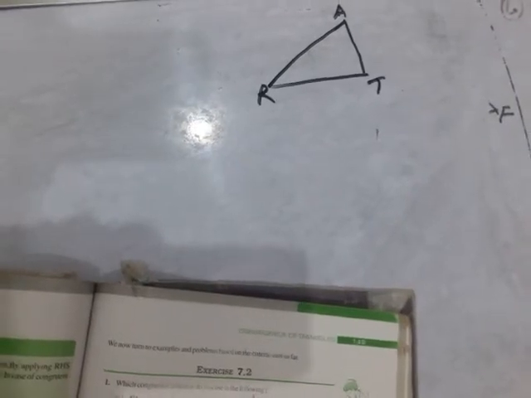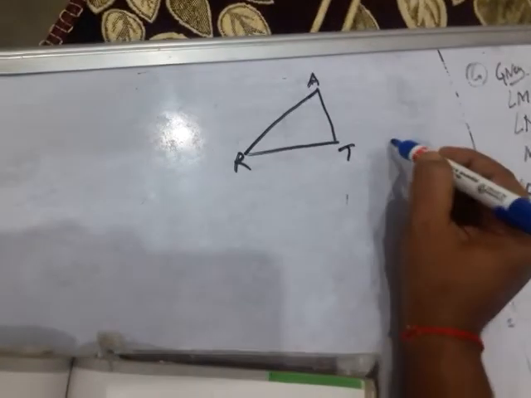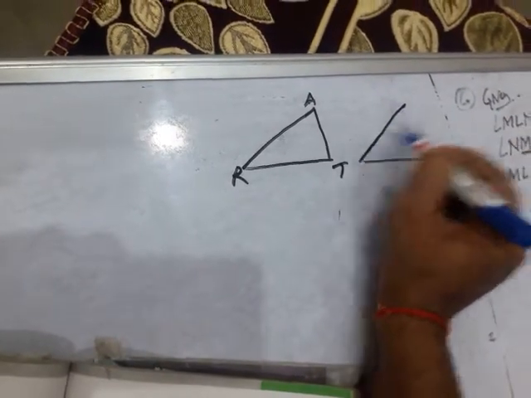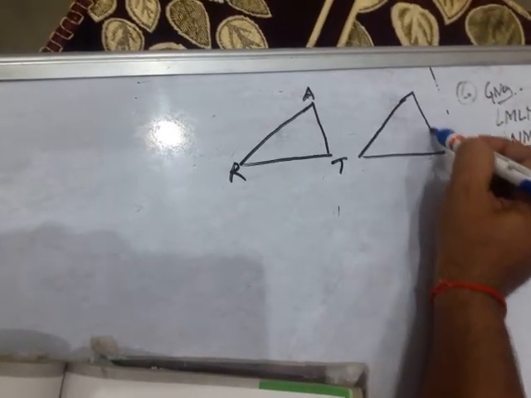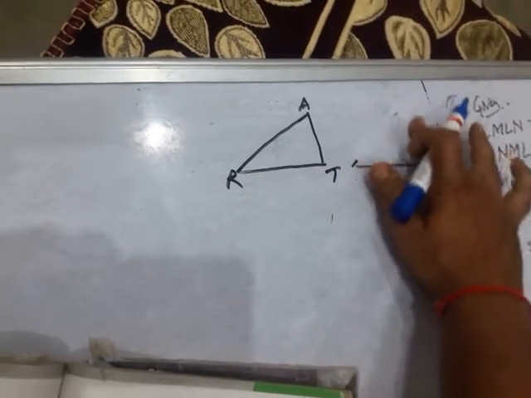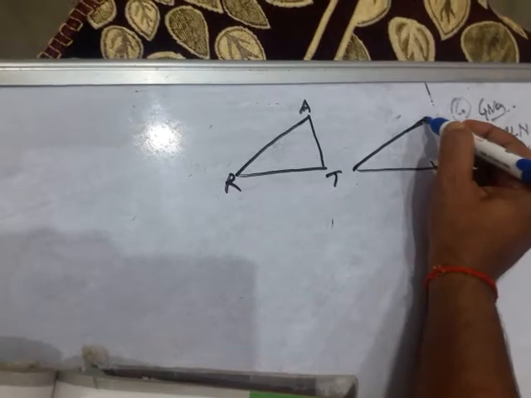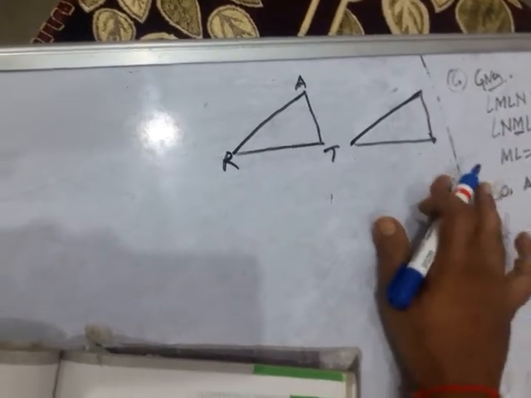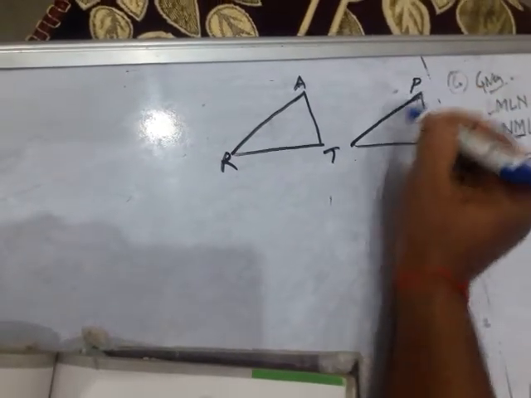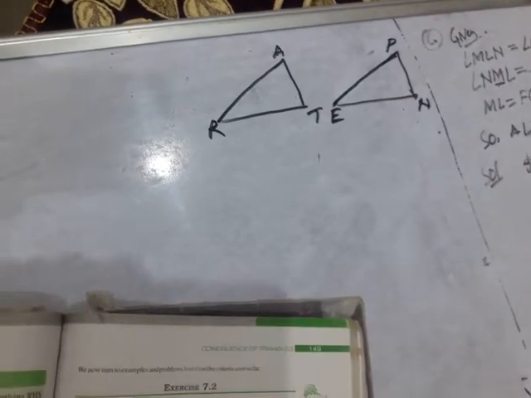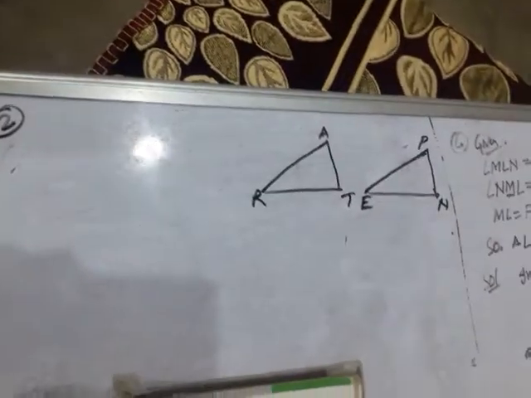And triangle PEN. Two triangles are given, children. And what are the conditions?